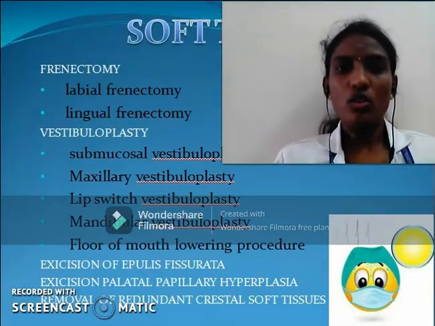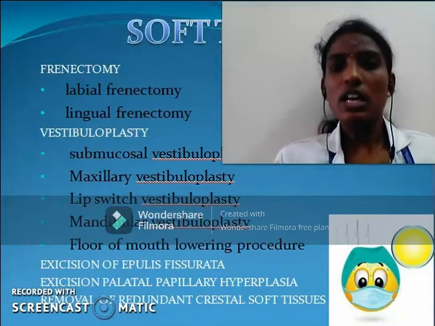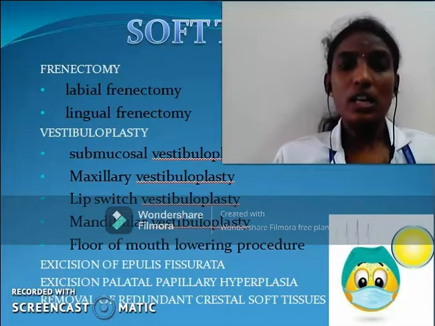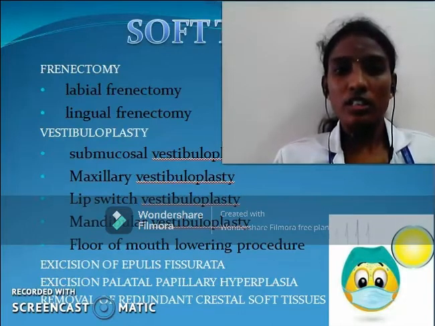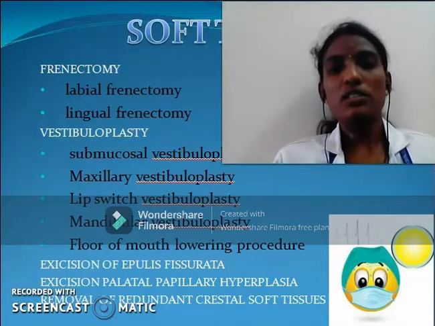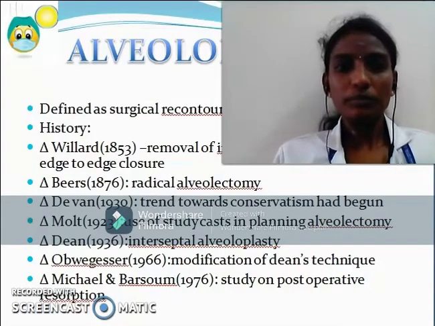Soft tissue procedures include frenectomy, vestibuloplasty, excision of epulis fissuratum, excision of palatal papillary hyperplasia, and removal of pedunculated crestal soft tissue. In frenectomy, labial and lingual frenectomy are done, and vestibuloplasty includes submucosal vestibuloplasty, maxillary vestibuloplasty, lip switch vestibuloplasty, mandibular vestibuloplasty, and floor of mouth lowering procedures.